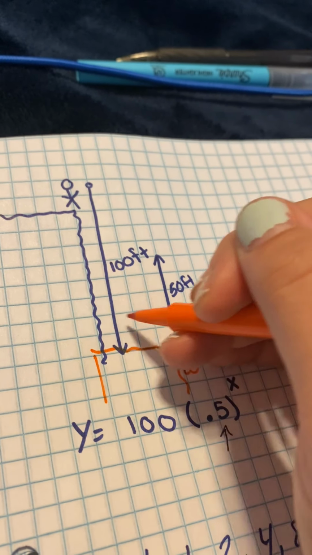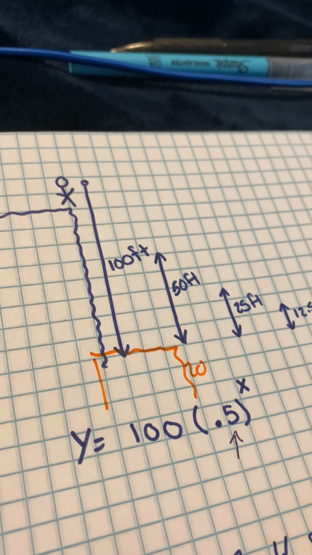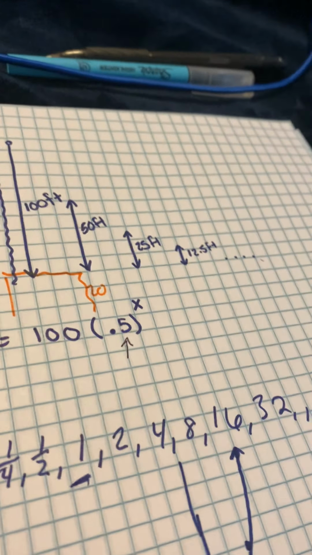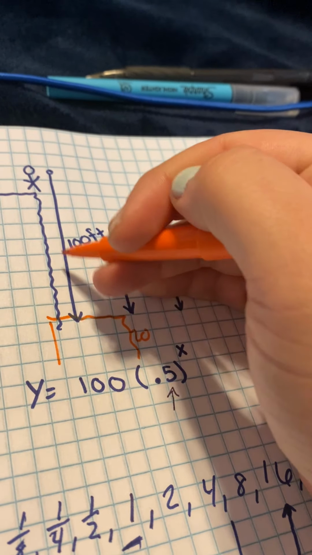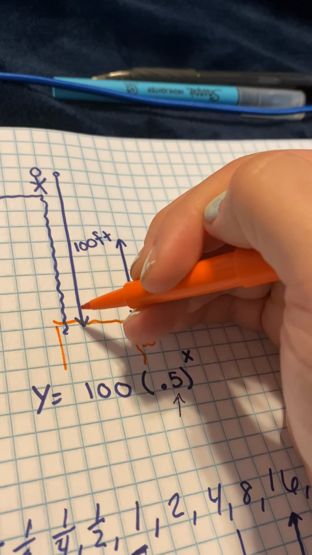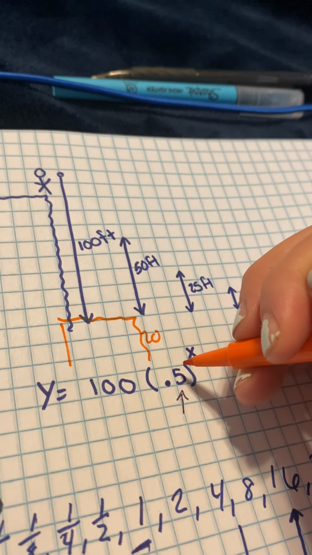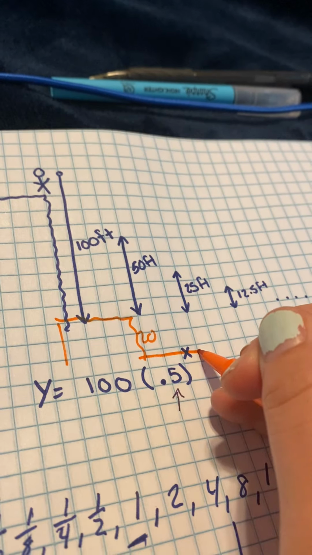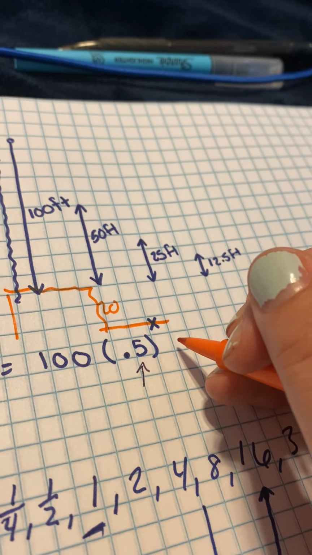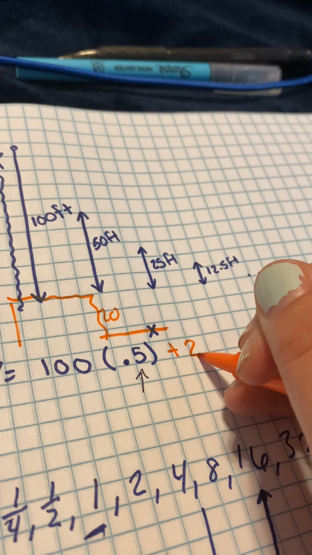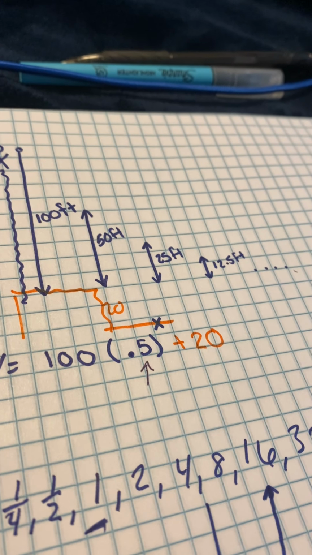I'm ignoring the fact that it could roll off. So other factors like that can change the problem, but keeping it simple, the ball comes down, bounces, and just bounces straight up and down. It will stay on this cliff. It will never actually hit this ground. So what that means is it will always be 20 feet above the ground.